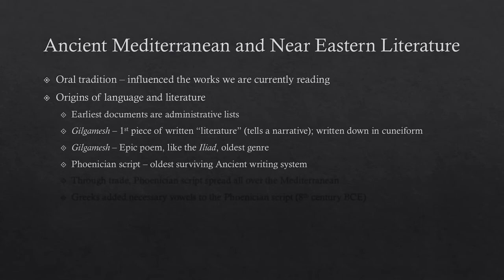So the Phoenician script came along in this part of the world after cuneiform. And as I said, through trade, it eventually spread all over the Mediterranean. So you think about that image I had on that first slide and why I had that there. You have people living in one part of the world.